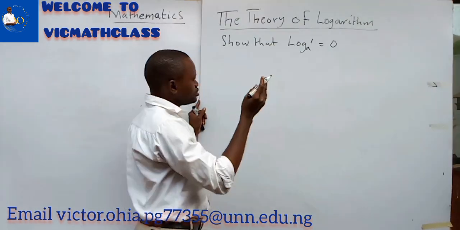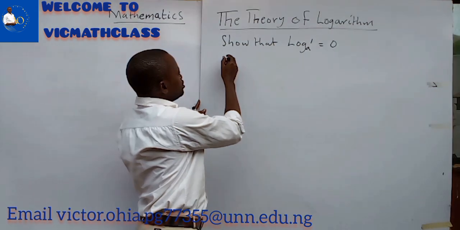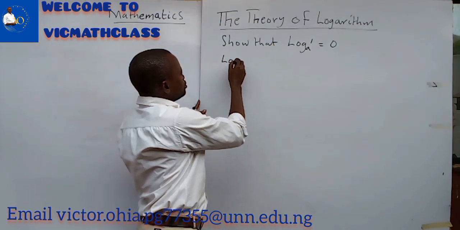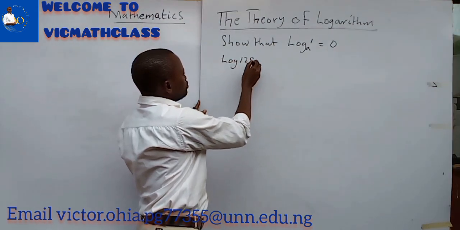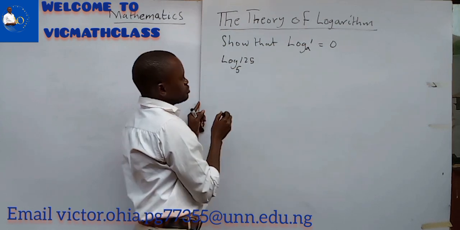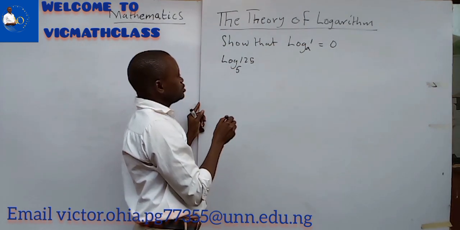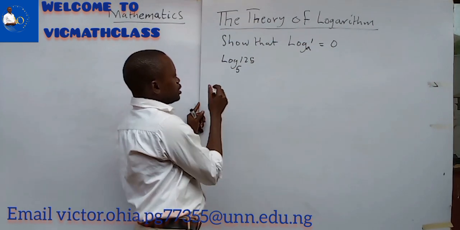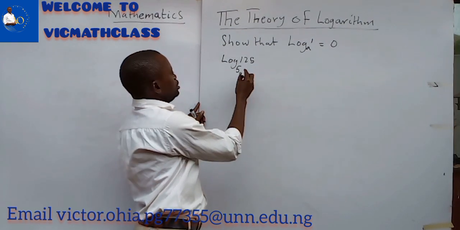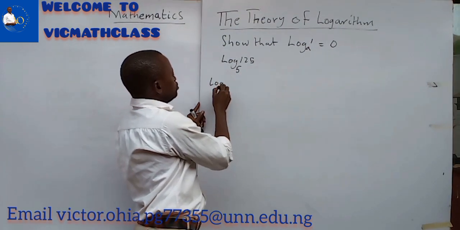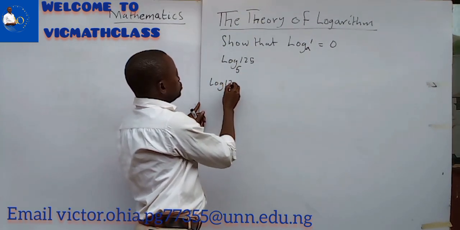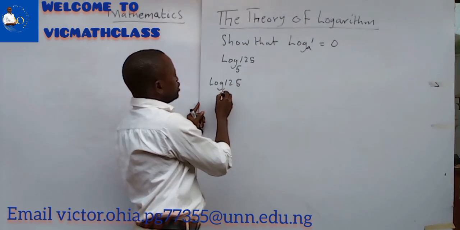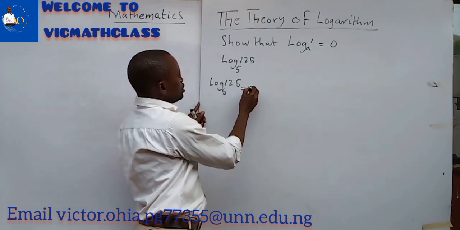Do you recall that if I say get me log 125 in base 5, if I ask you to get me this, you remember you can rewrite this as let log 125 in base 5, let the answer be x.